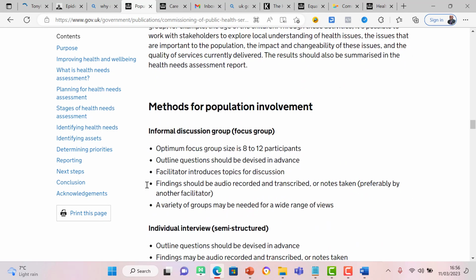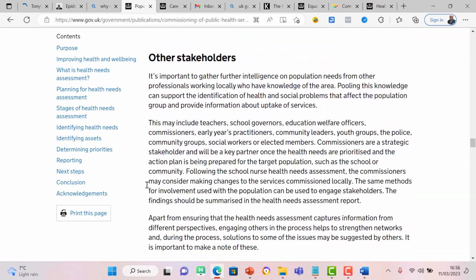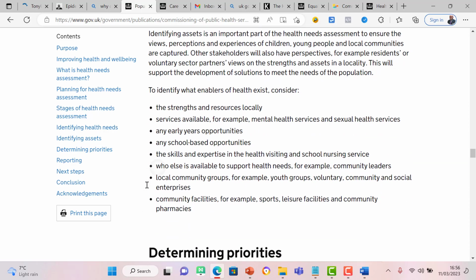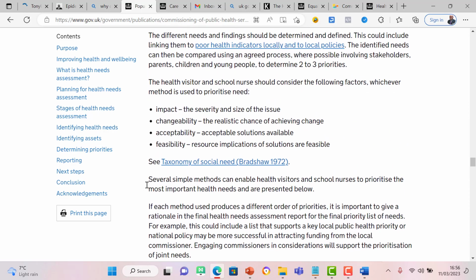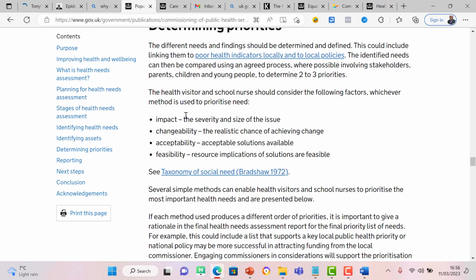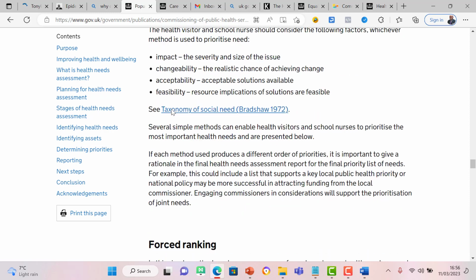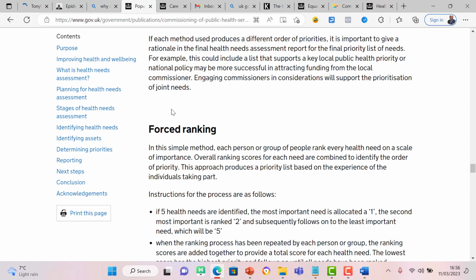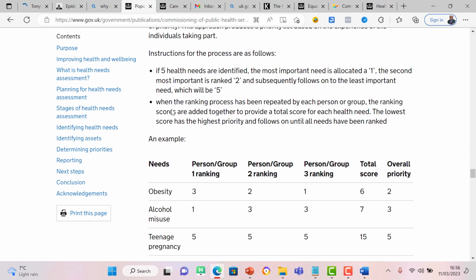So if you look at this one here, I want to scroll down to here exactly. So this is a matrix, the impact, changeability, acceptability, and feasibility matrix. Now in this matrix, they are all scored together.